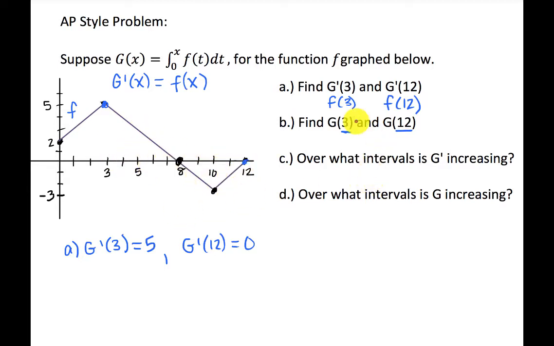So I'm going to start with g of 3. G of 3 would simply be the integral from 0 to 3 of our function f. So we're going to go ahead and look for the area under the curve from 0 to 3.